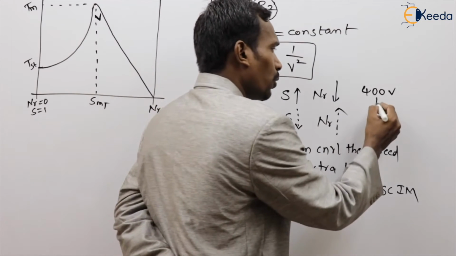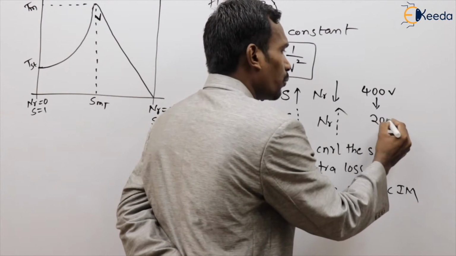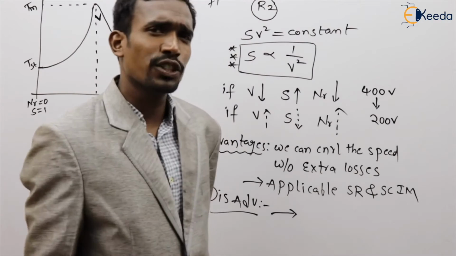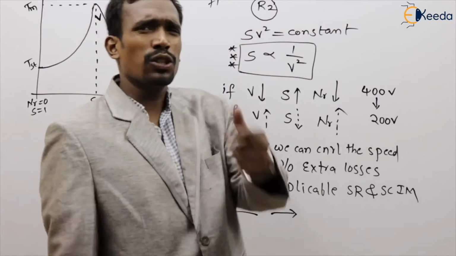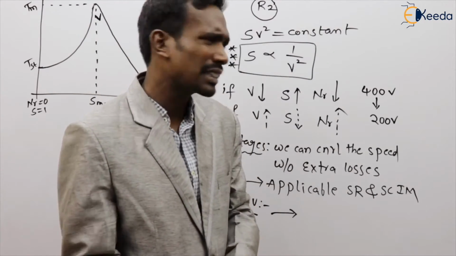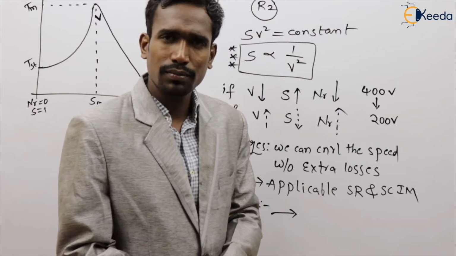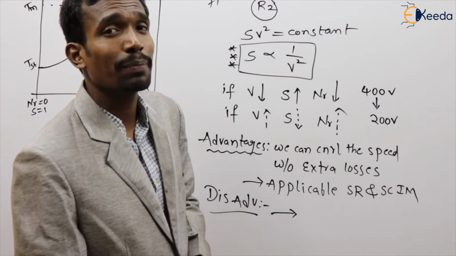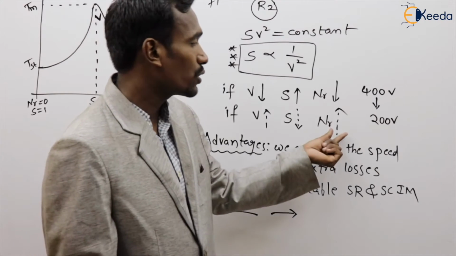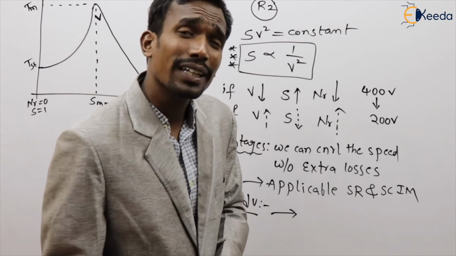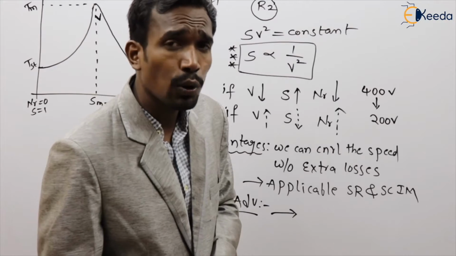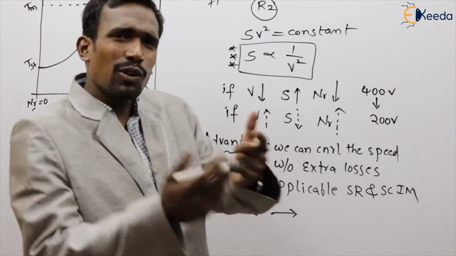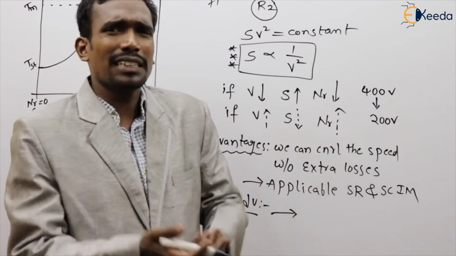Now I have reduced it to 200 volts. If voltage is reduced to half, then speed reduces in some range. Yes, we can control speed, no problem. Now, in the second way, I want to increase my speed. How can I increase my speed? By increasing the voltage, we can increase the speed.